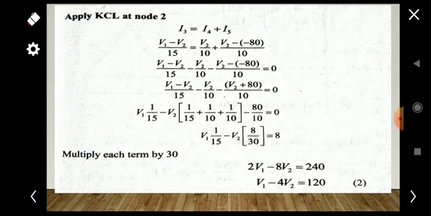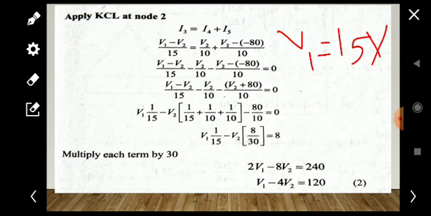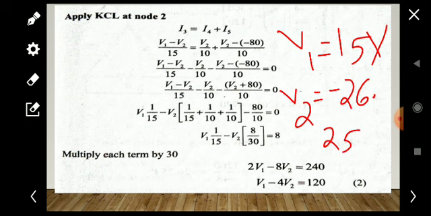By solving these two equations using a calculator, or manually, we will obtain V1 as 15 volt, and V2 as minus 26.25 volt.